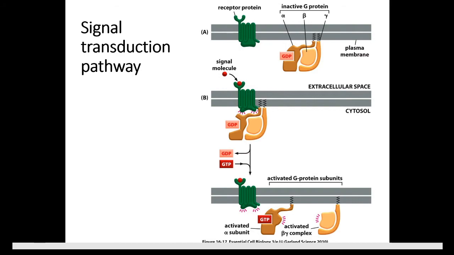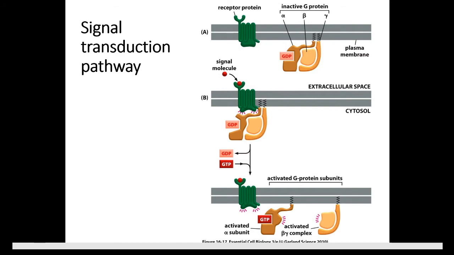The upper cell membrane receives the signal from the external factor and passes the signal to the internal cell membrane.